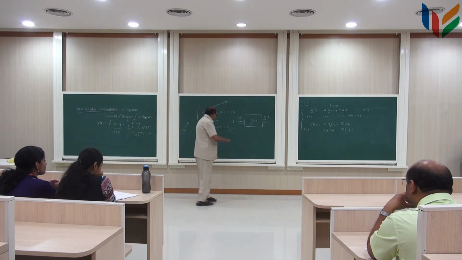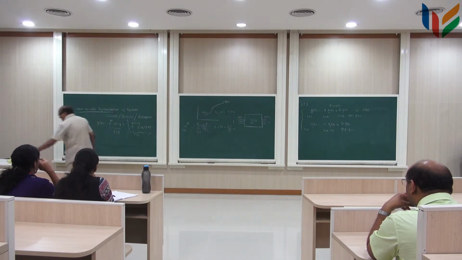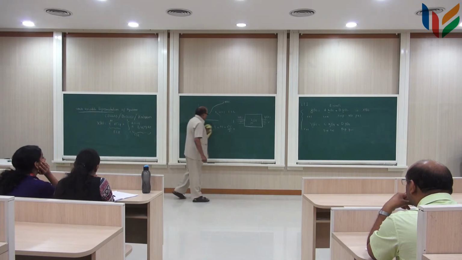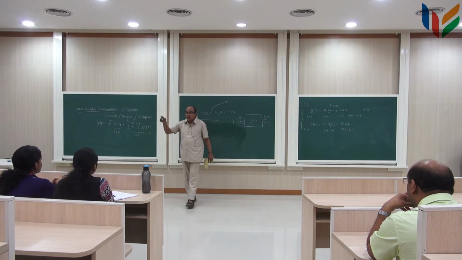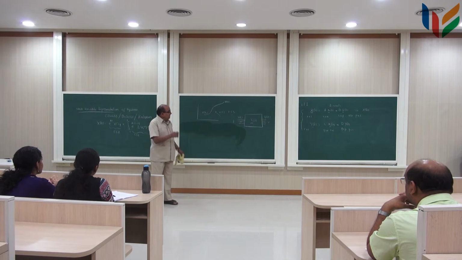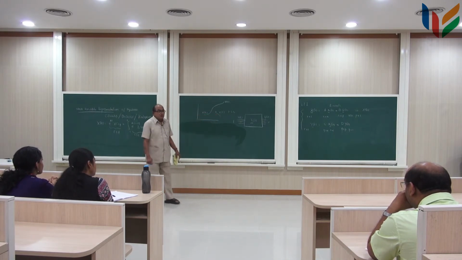When you do the frequency transformation on this, since at that time we did not know Laplace transform, I wrote in terms of S, which is e to the power of st. Instead of that, now since we know Laplace transform, we will take the Laplace transform on that equation.